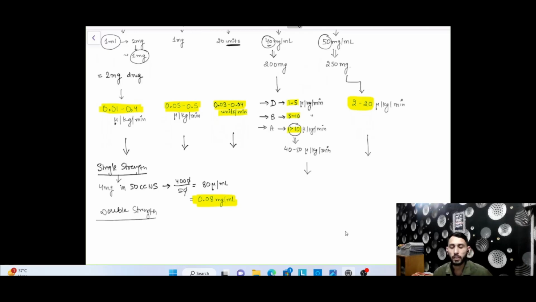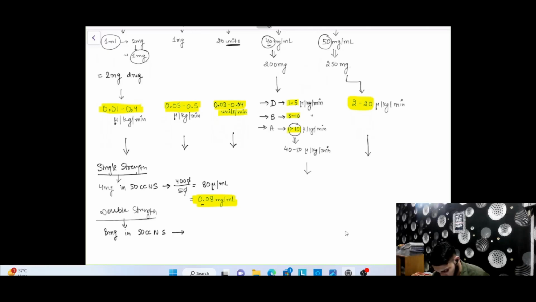If you are going to label a particular infusion, either you write single strength, that is 2 ampoules in 50 ml, or you can very precisely write 0.08 mg per ml of NORAD. Similarly, for double strength, it is very simple: 8 mg in 50 cc of normal saline.